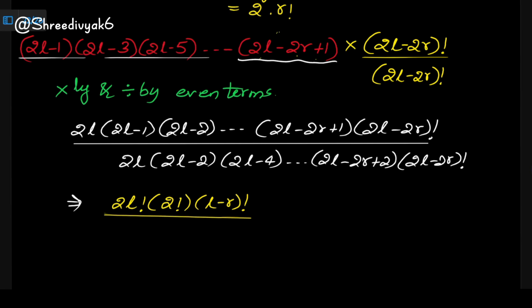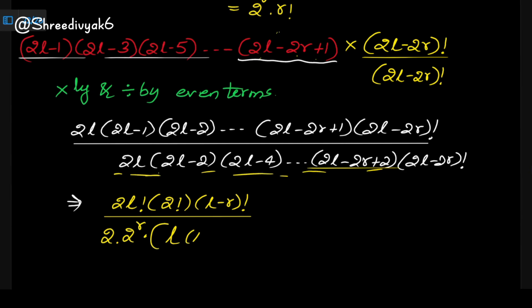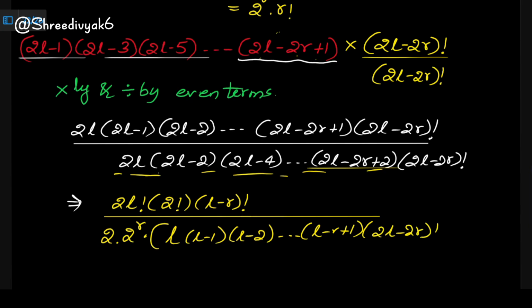The whole divided by, I can write 2 raised to r into 2, taking out 2 in common in all these terms. It is l into l minus 1, l minus 2, so on up to l minus r plus 1 into, to be specific, 2l minus 2r factorial.